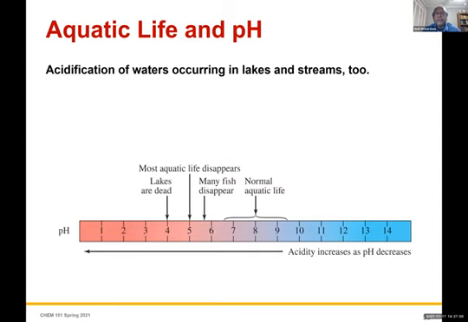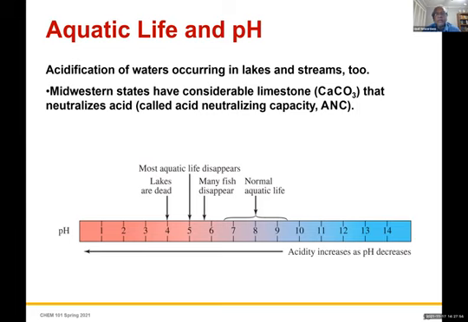Acidification of water is also taking place in lakes and streams. Midwestern states have a certain amount of limestone. Therefore, acidification is neutralized naturally by calcium carbonate, like in the sea floor in the ocean.